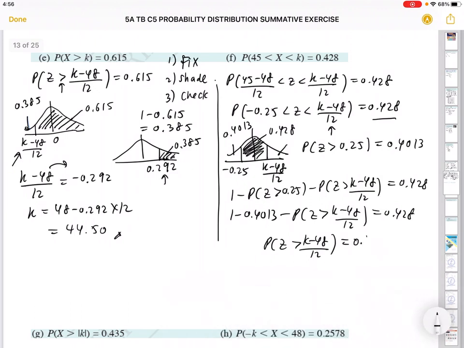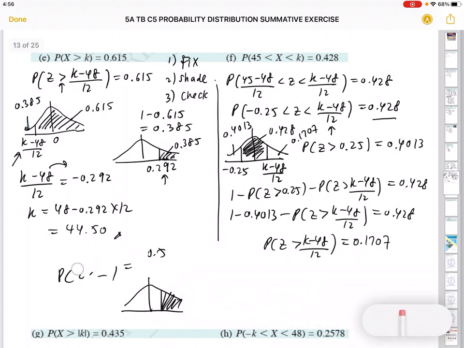Now, anytime your P(Z more than a number) is more than 0.5, you need to do 1 minus, because your area is supposed to be on the right hand side before you use the mathematical table to find the Z value. And if it's on the right hand side, this area should be less than half, right? So if you use your mathematical table, this is 0.1707, work backwards, find the Z value.